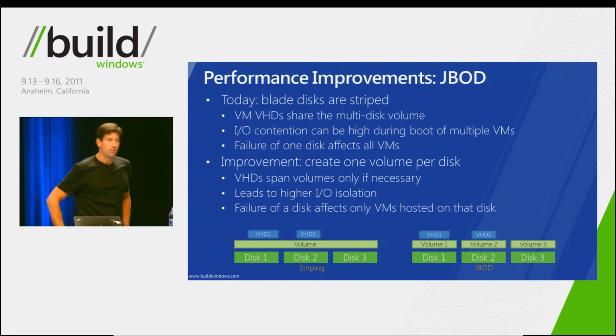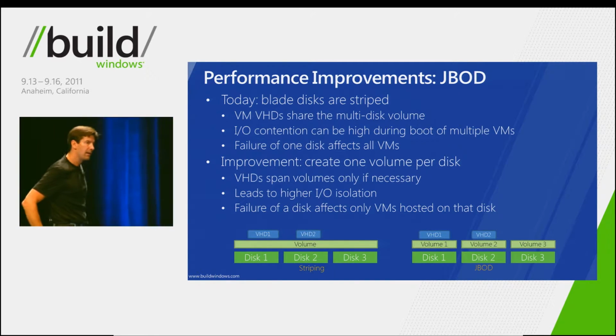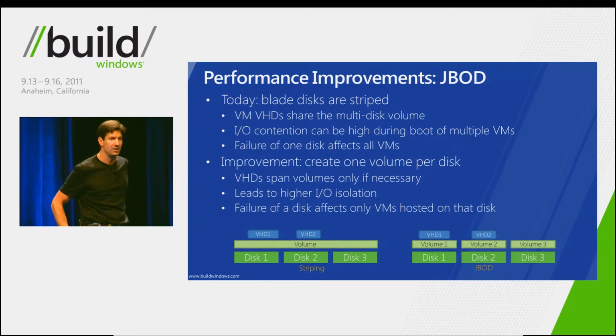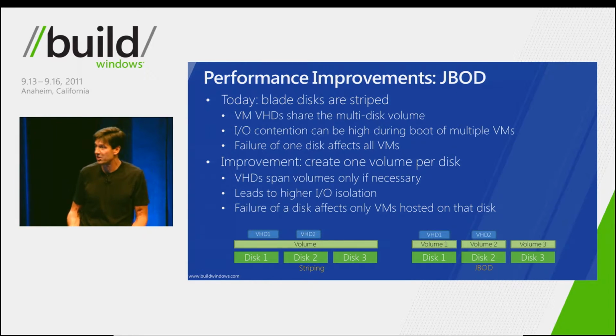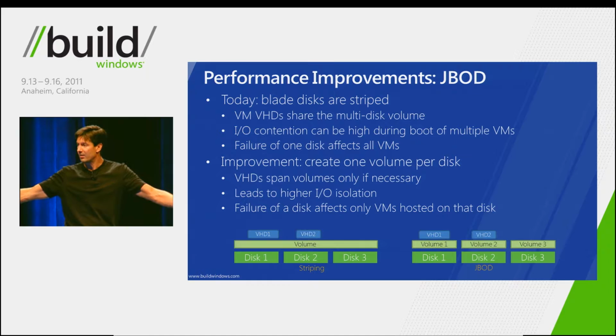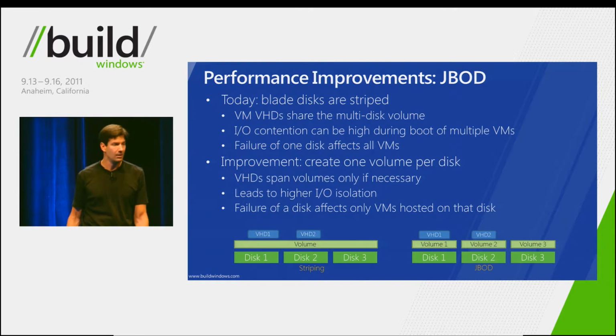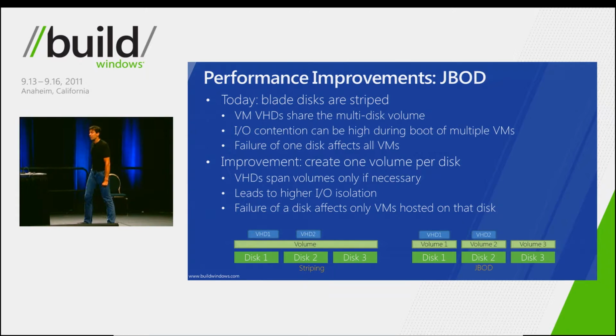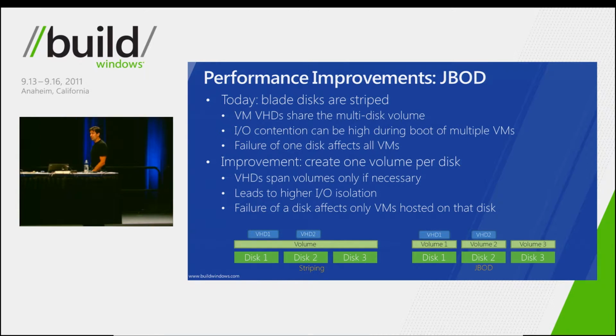One is to improve the performance by reducing the contention on disks. One of the things about cloud is that it is a shared resource. You are sharing network and other things with other tenants, what we call them, in the cloud. When you deploy your instances to a VM, today we've got a certain number of disks that we stripe using Windows striping, and then put the VHDs on those stripes.